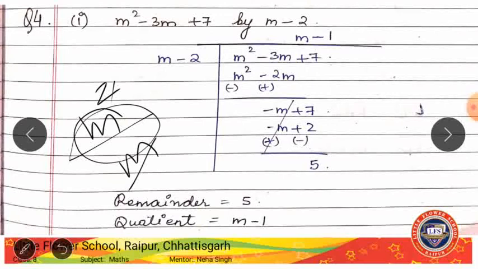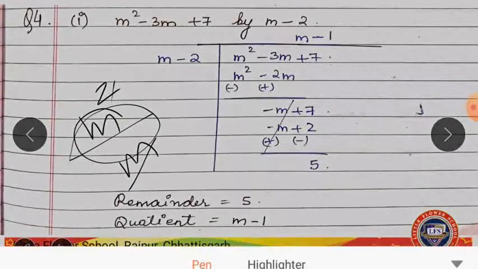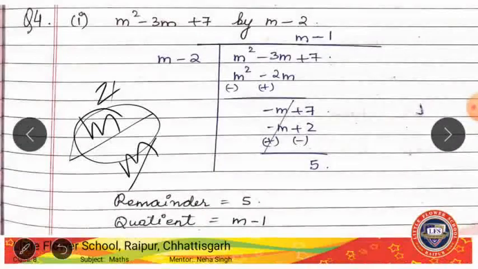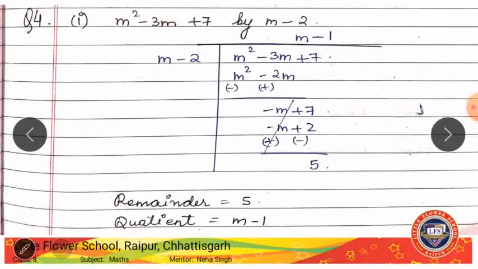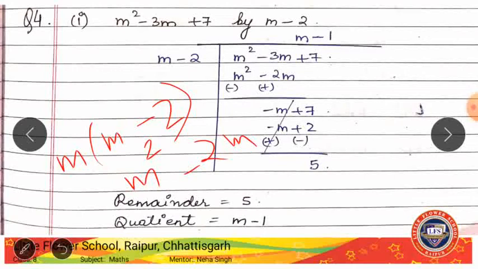So this m will now be written in the quotient, and now it will be multiplied with m minus 2, the divisor. m into m is m square minus 2m, right? So you will write this here.